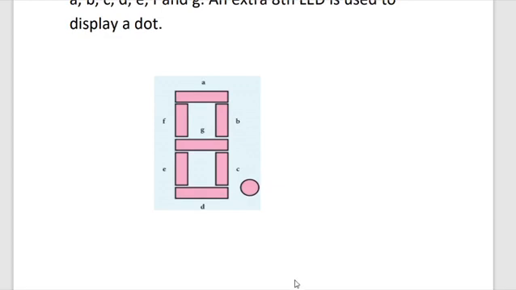It is used in digital meters, digital clocks, microwave ovens, etc. It consists of 7 segments of LEDs in the form of digit 8. These 7 LEDs are named A, B, C, D, E, F and G. Then the extra 8th LED is to display a dot.